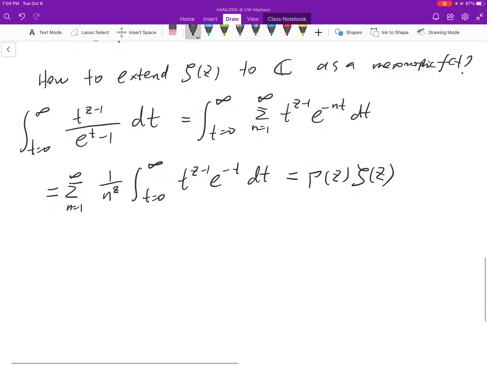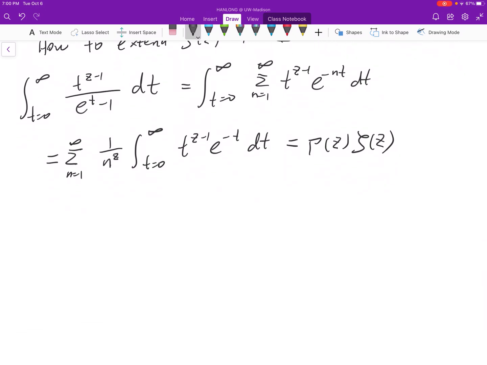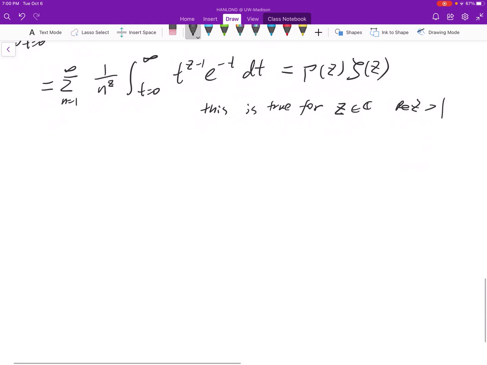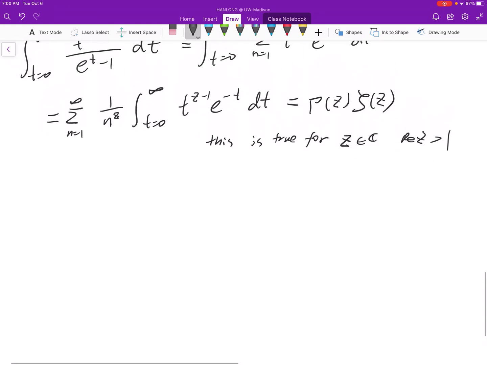zeta z. So especially this is true for z, if you consider the convergence, it's true for a complex number with real part greater than 1.